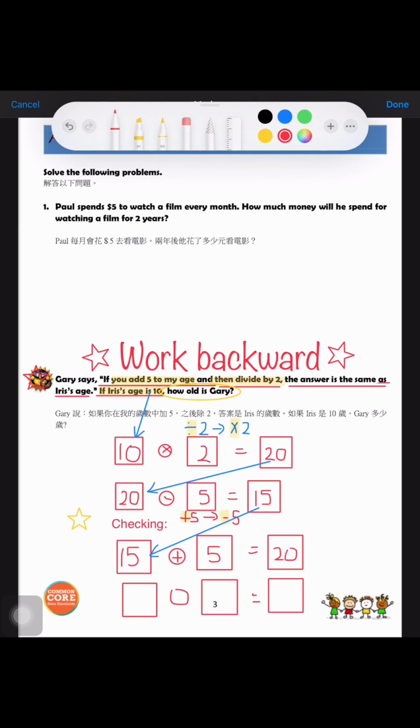Which equals to 20, and then divided by 2. Which equals to 10. So this is the same as Iris' age. Therefore, we know that it is right. Gary is 15 years old.